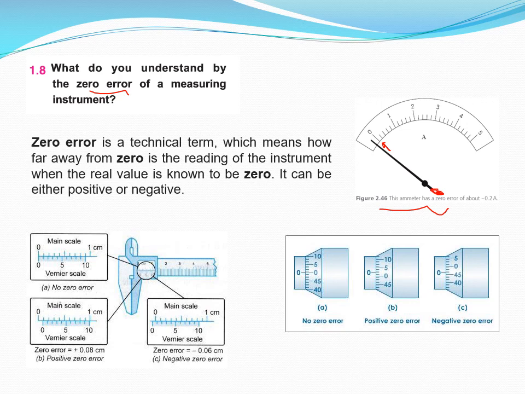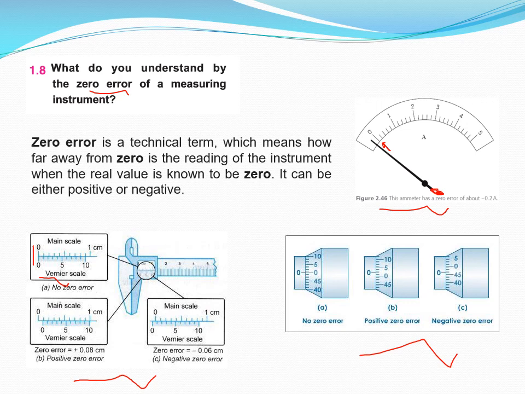And zero errors in Vernier calipers and screw gauge we talked about in the previous lecture. Here you see that as the zero of the Vernier is in line with the zero of the main scale, there is no zero error.